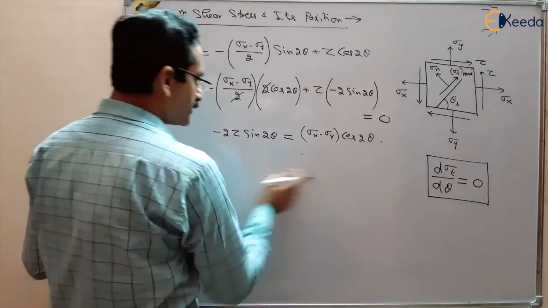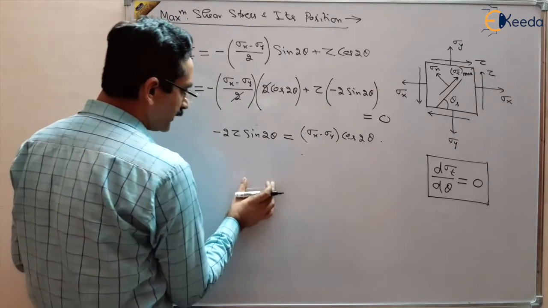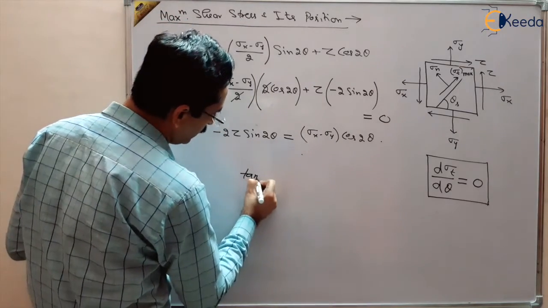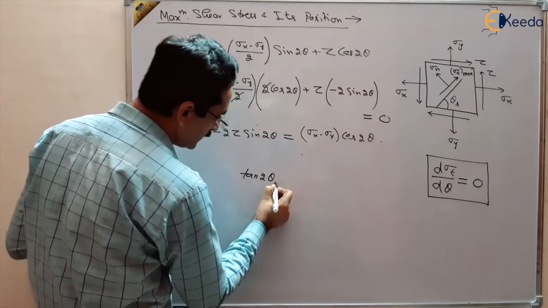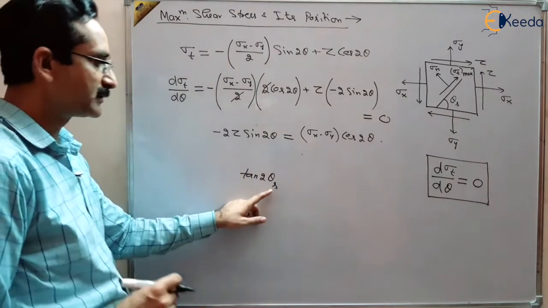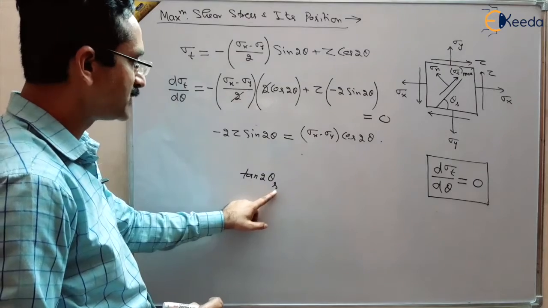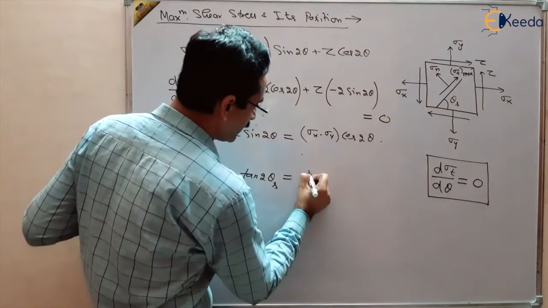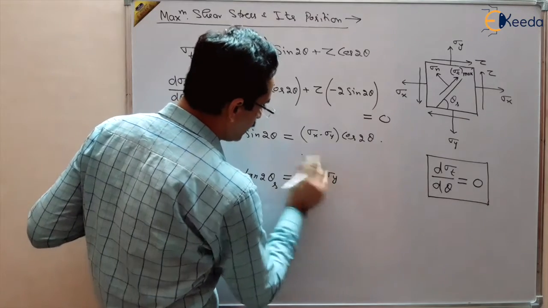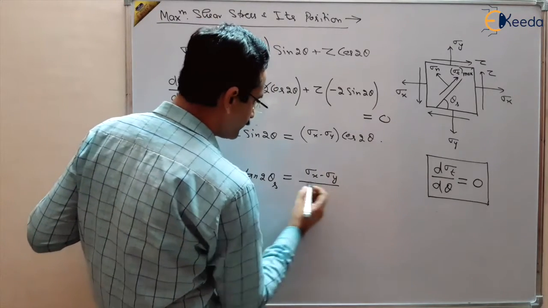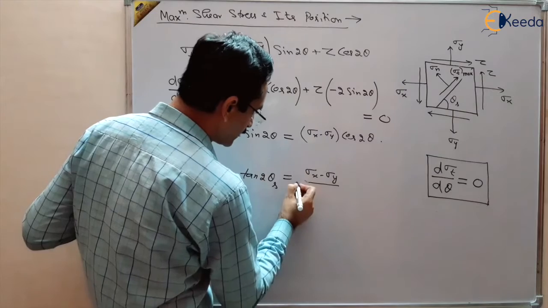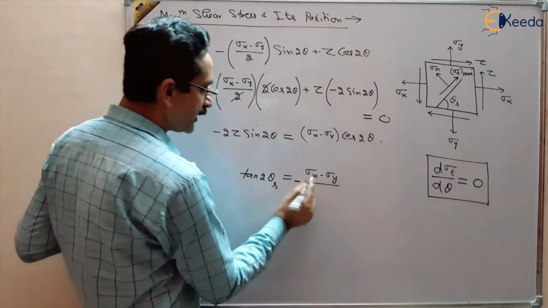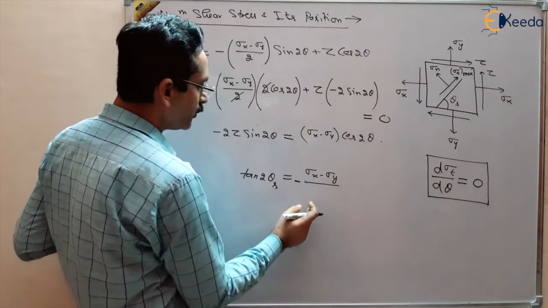So divide sin 2 theta by cos 2 theta, it will become tan 2 theta. So you will get tan 2 theta. Now this is theta s, because now it is the plane of maximum shear stress, and that will be equal to minus (sigma x minus sigma y) upon 2 tau, because there is a minus sign.